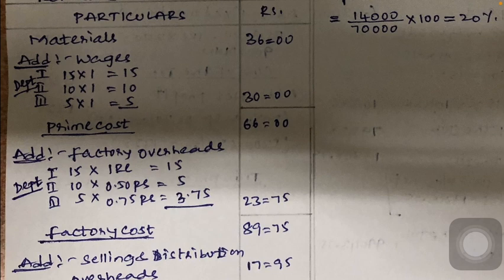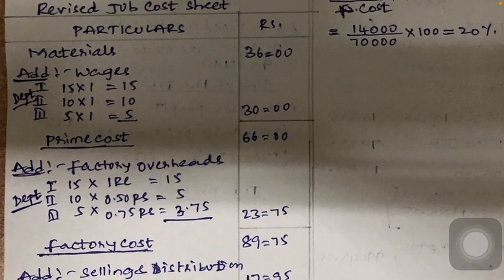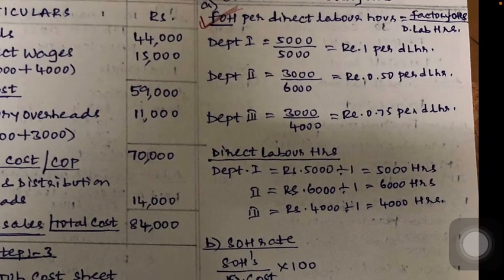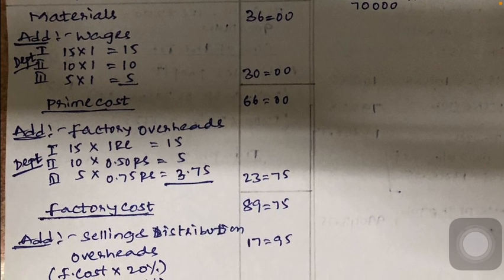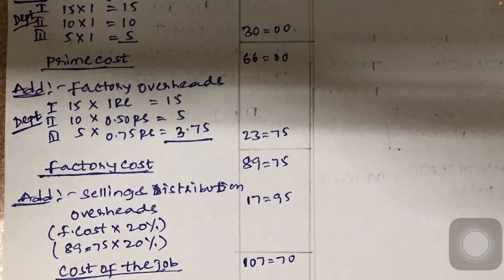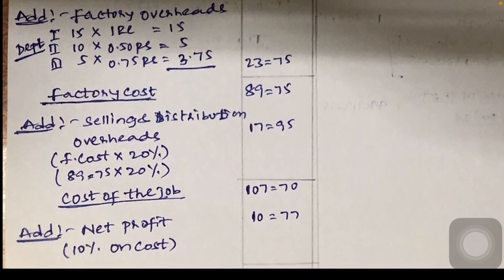Department 1 the time spent 15 hours, department 2 10 hours, department 3 5 hours, into charges per hour which we have calculated in working notes A: 1 rupee, 50 paisa and 75 paisa. That is 15 into 1 rupee, 15 rupees department 1 factory overhead charges; 10 into 50 paisa, 5 rupees department 2; department 3, 5 into 0.75, 3 rupees 75 paisa. Total factory overheads are 23.75. Factory cost is 89.75. Prime cost plus factory overheads is equal to factory cost or works cost.